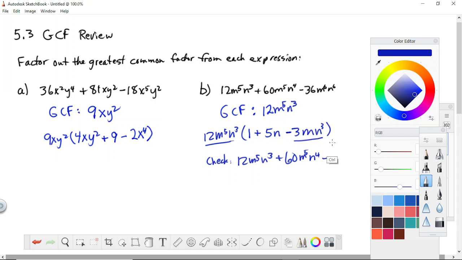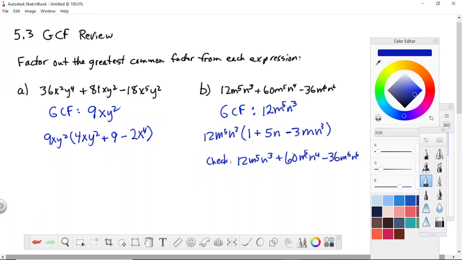That's how we know it's negative, because it's a positive times a negative. So 12 times negative 3 is negative 36. Then m to the 5th times m, that's m to the 6th. And n cubed times n cubed, that's n to the 6th.